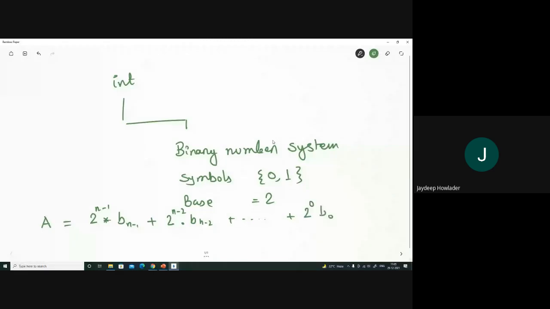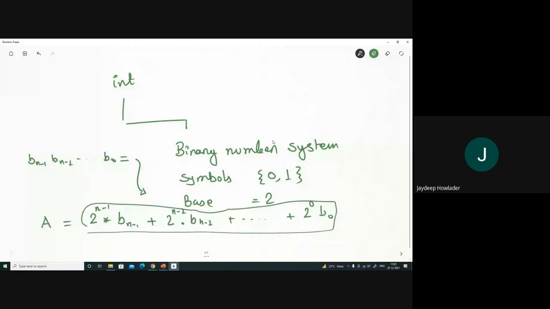So if the number looks like b n minus 1, b n minus 2, up to b 0, then its numerical value is evaluated in this form.